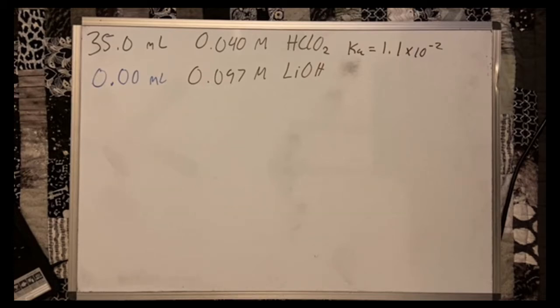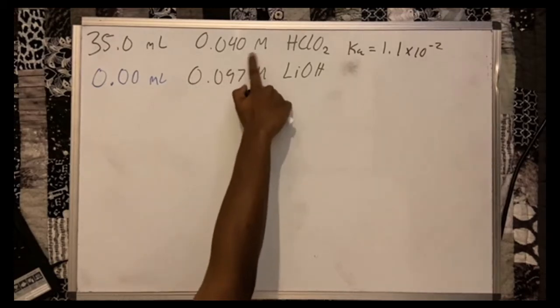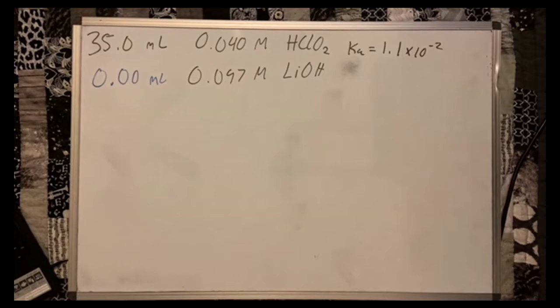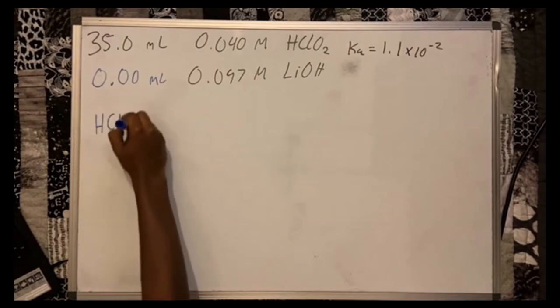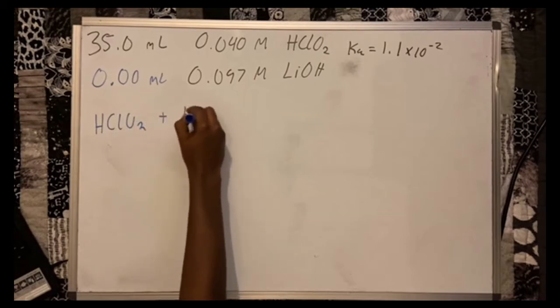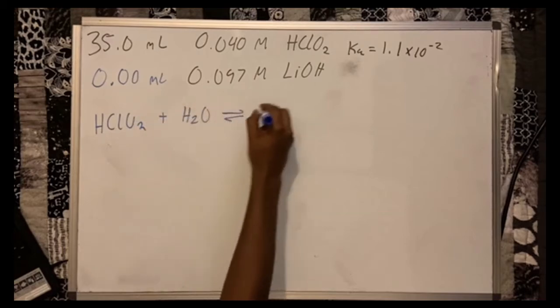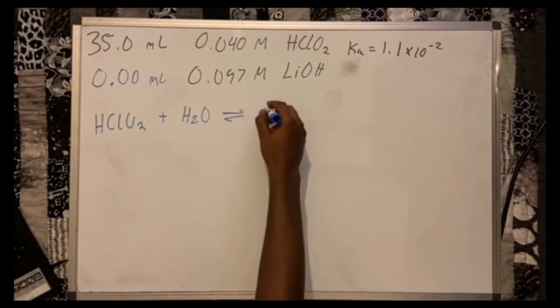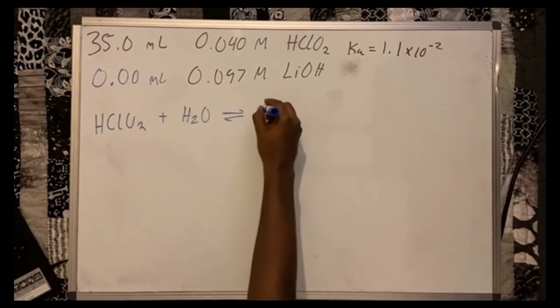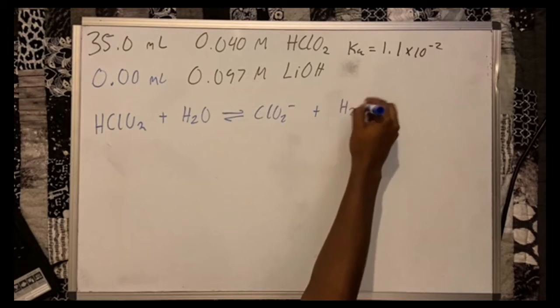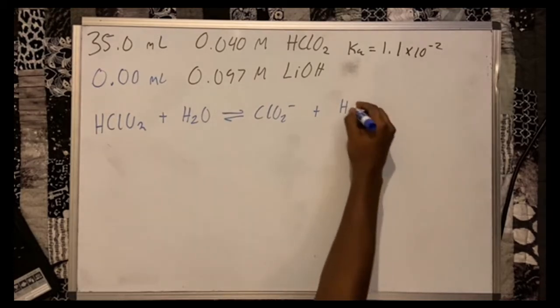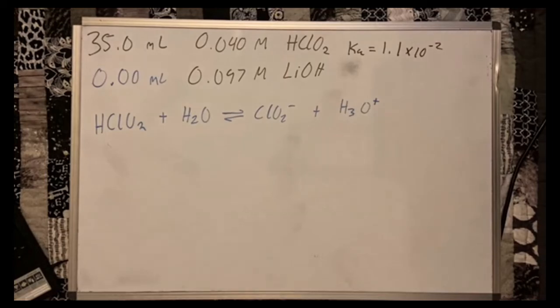So if I add 0 of this, tell me the pH of that much HClO2. So I do my acid thing. HClO2 plus H2O goes in equilibrium with ClO2 minus plus H3O plus, since the acid is going to donate its proton.